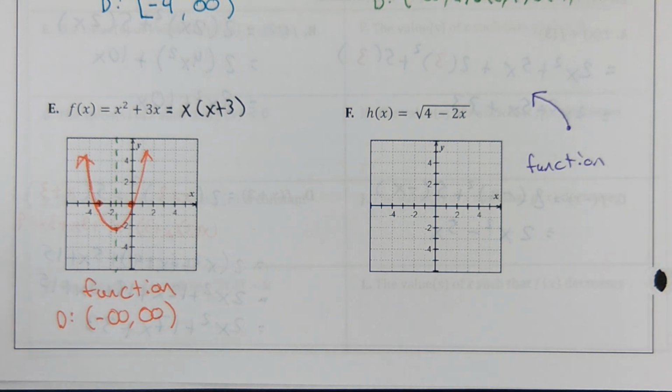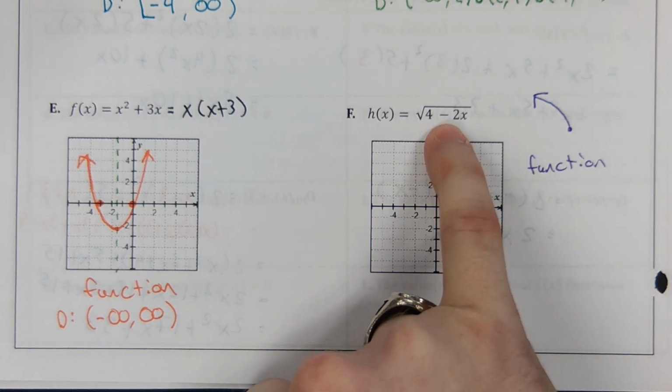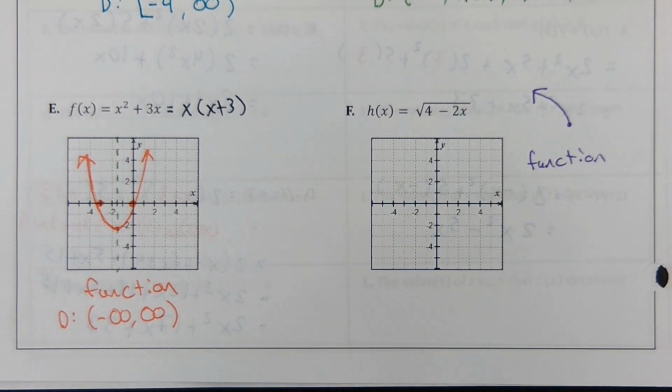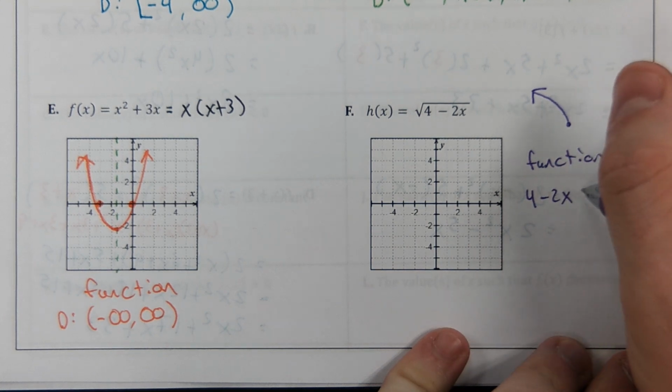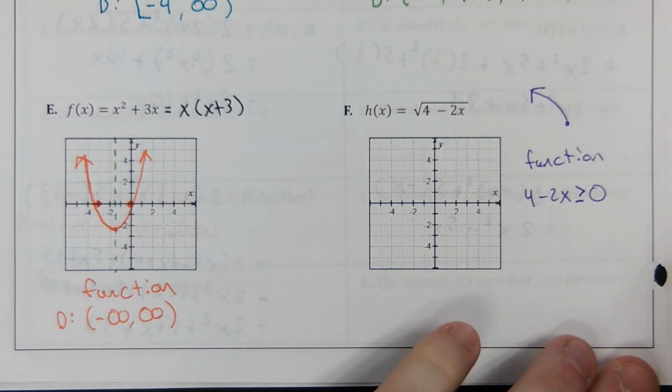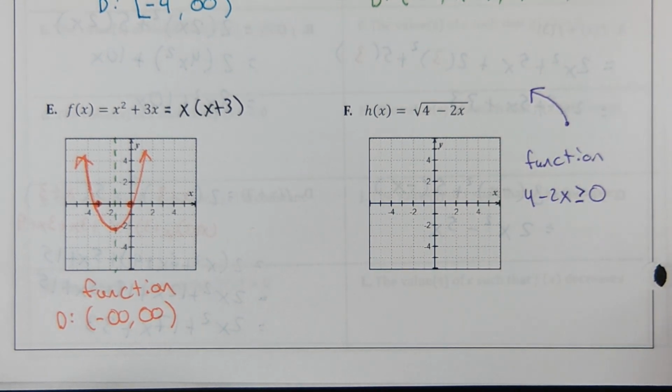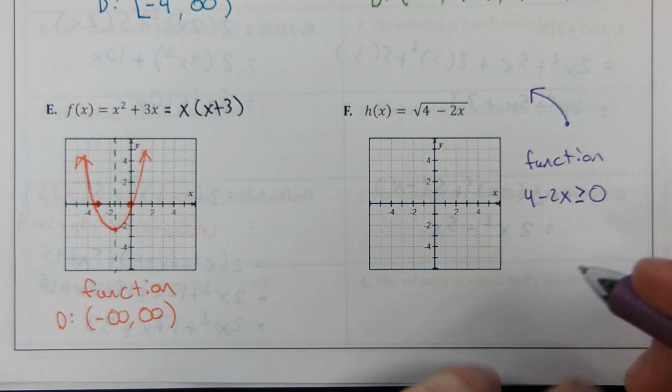If 4 minus 2x can't be negative, what could it be? It could be positive or it could be 0. So how do we say that 4 minus 2x is positive or 0? We just say that 4 minus 2x is greater than or equal to 0. You can take the square root of 0. You'll get 0.